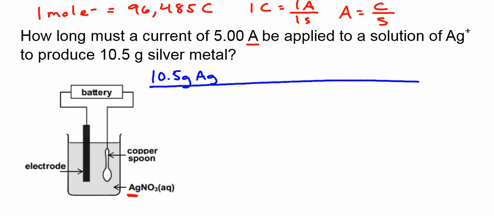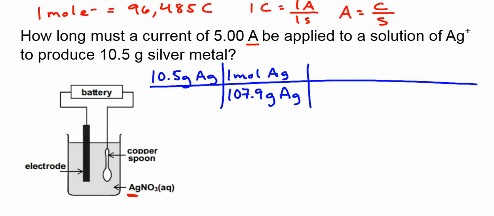Now, this is simply about converting. Be smart about this. It is still all about units. So I look up the molar mass of silver. Whenever I put a molar mass, I put moles. Immediately I want to put moles down here. And here's the trick for you.